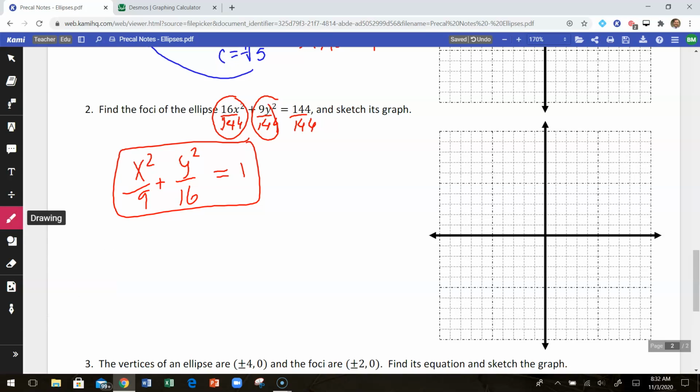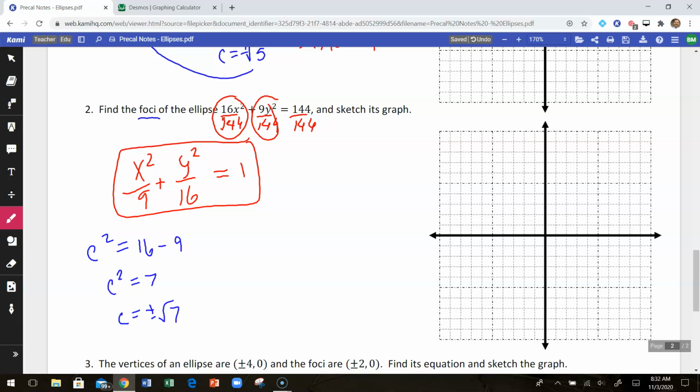So it just asks me to find the foci. So c squared is going to be 16 minus 9. Again, do the bigger number minus the smaller number every time. So c squared is 7, so c will equal plus and minus the square root of 7.